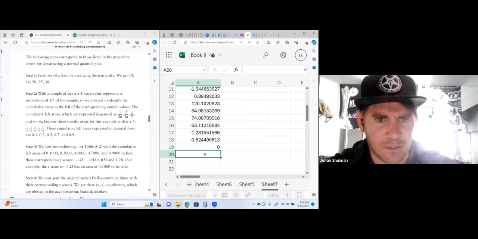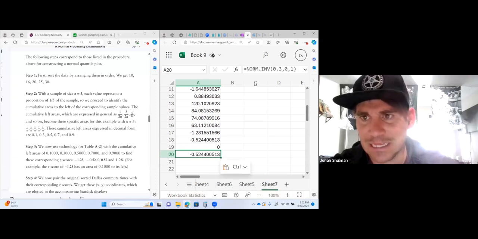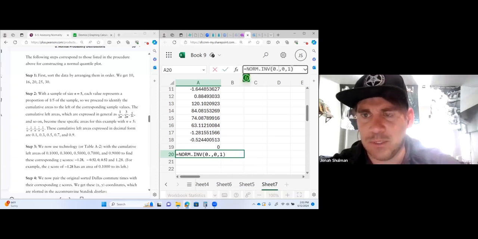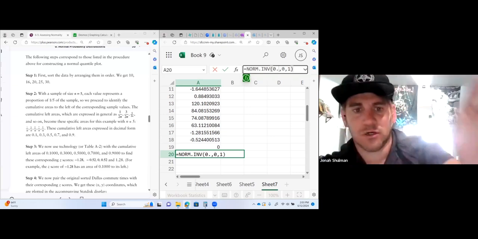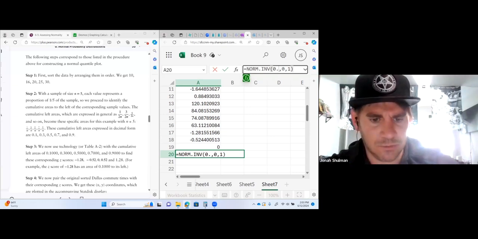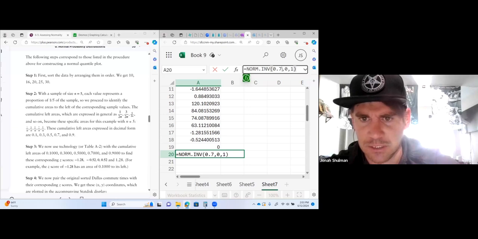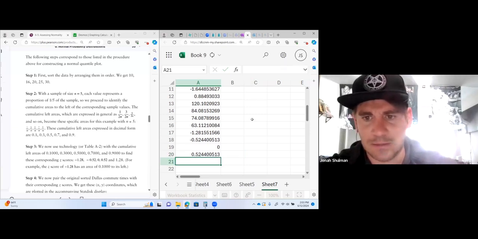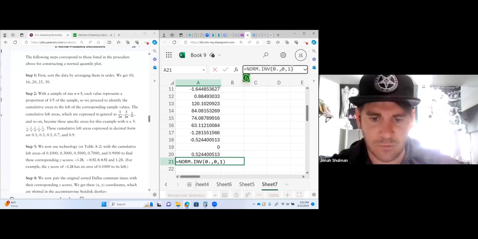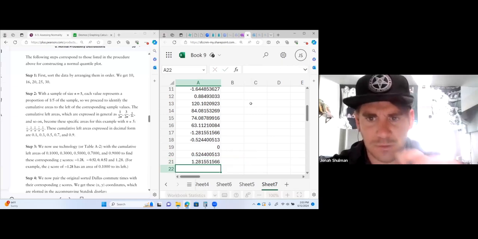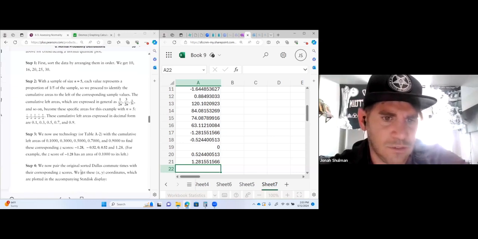Nice. The other side should be exactly the same, but because we're on the positive side of the bell curve, it should change. So the next one should be 0.7. We know this should be positive 0.5. Nice. And the last one, with our 0.9, should be a positive 1.28. So here are values for the z-scores.